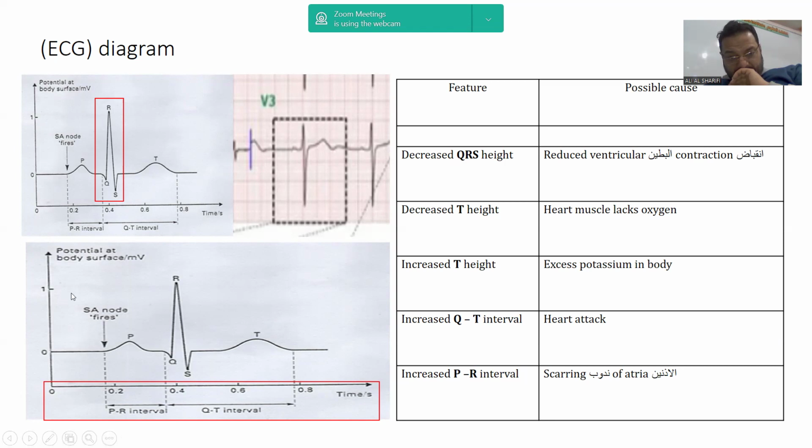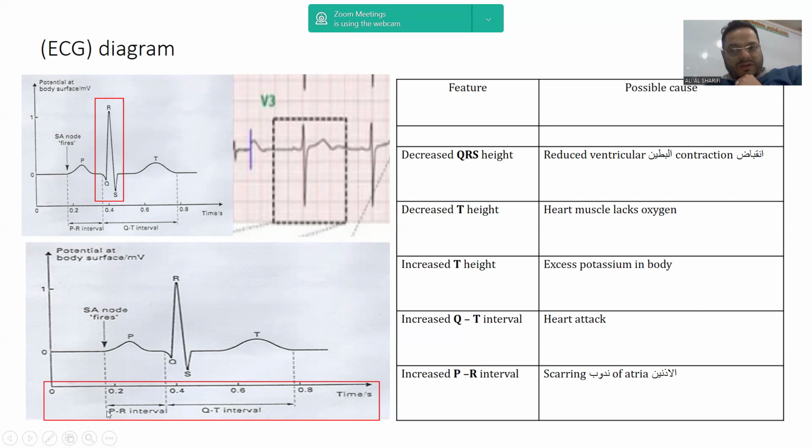But in babies, when they suffer from some problem in their hearts and they are still kids, when we do this process to them, we will note an increase in the PR interval.